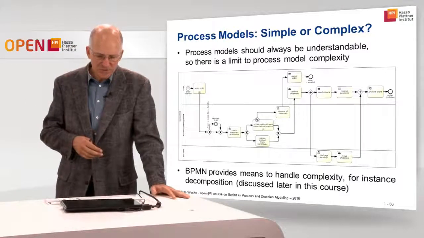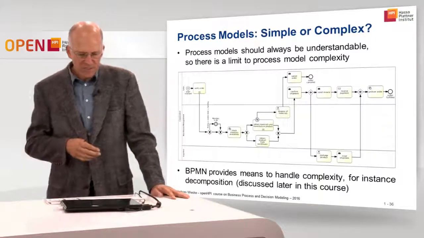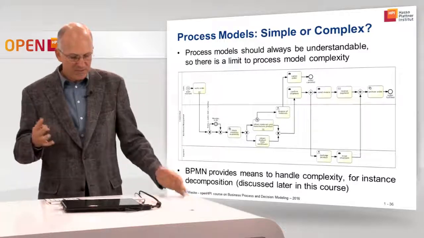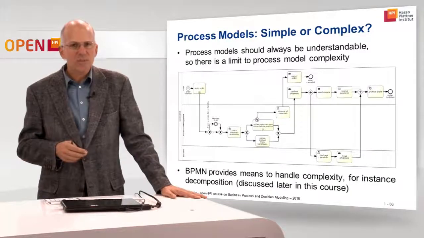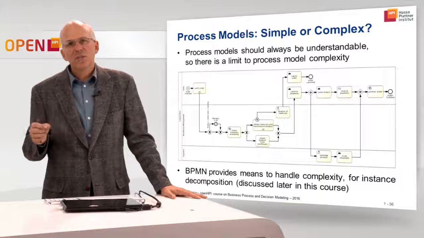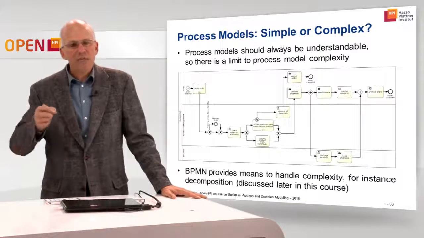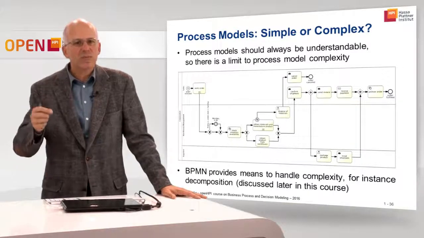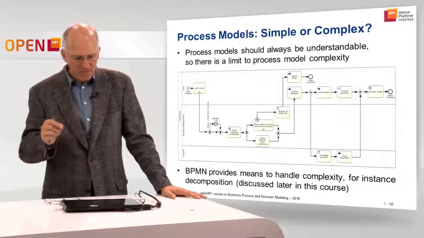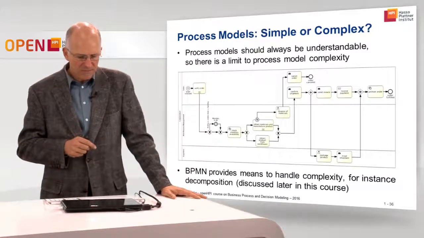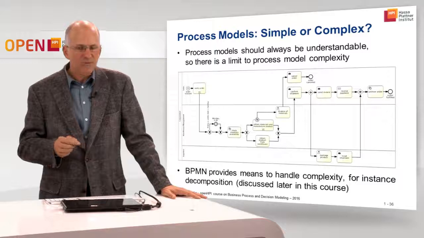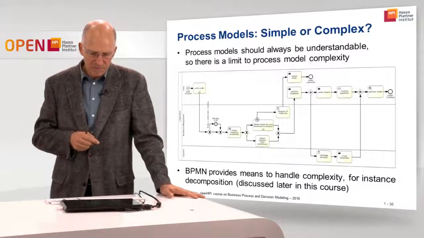With functional decomposition, for instance, we can get rid of these very complex structured processes. And that's important because people need to maintain processes, people need to understand processes, and therefore we should be aware that process models do not suffer from too much complexity.